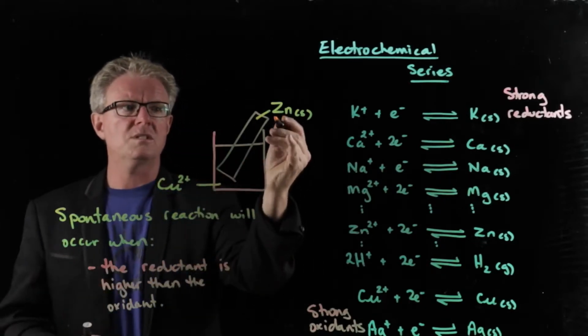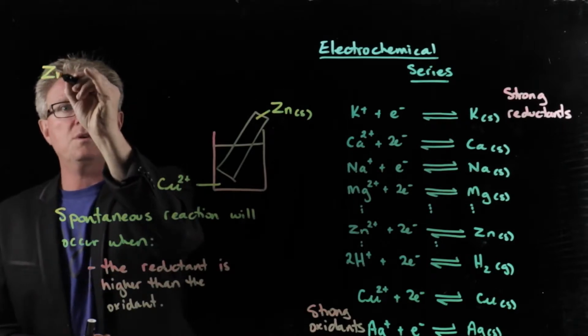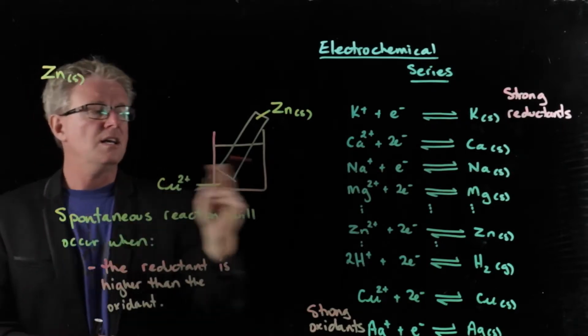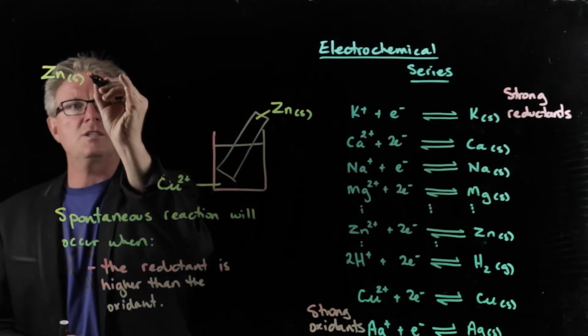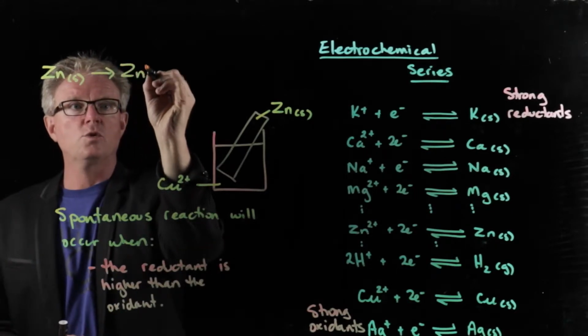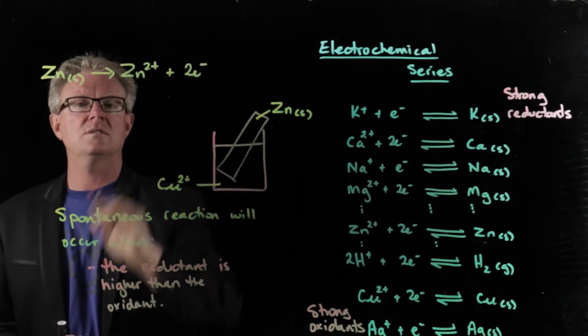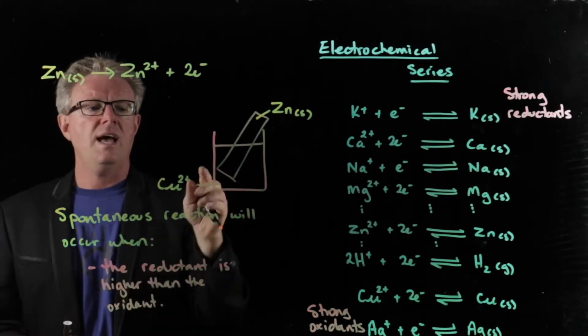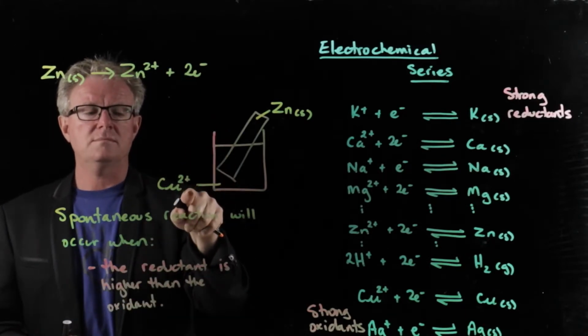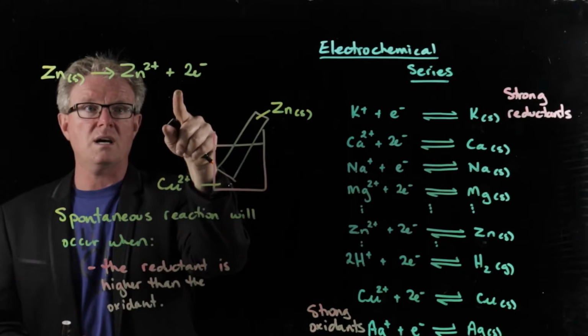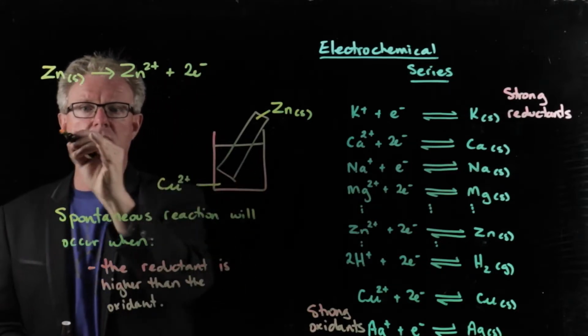And so therefore we would say, okay, yes, it will be spontaneous because zinc is higher in the series. It's more active. It's going to lose its 2 electrons, okay? And it's going to give those electrons to copper. So remember, this is called a reductant. It causes copper to be reduced.